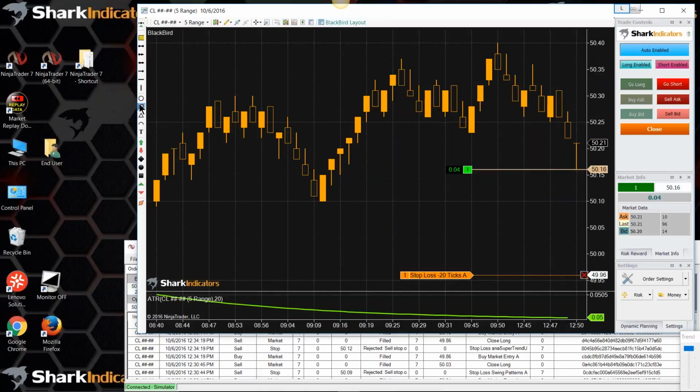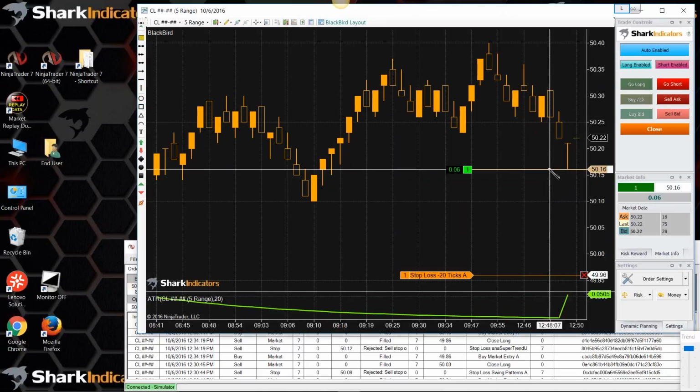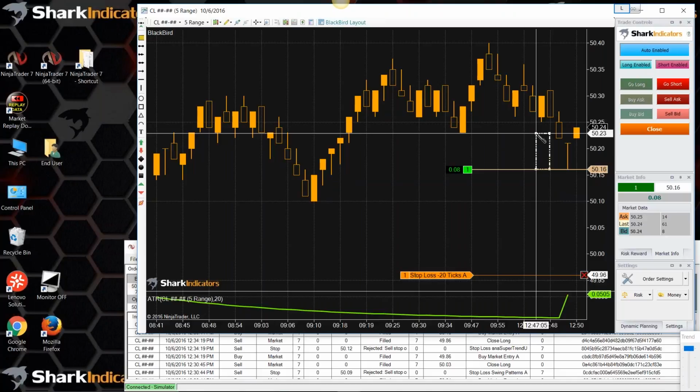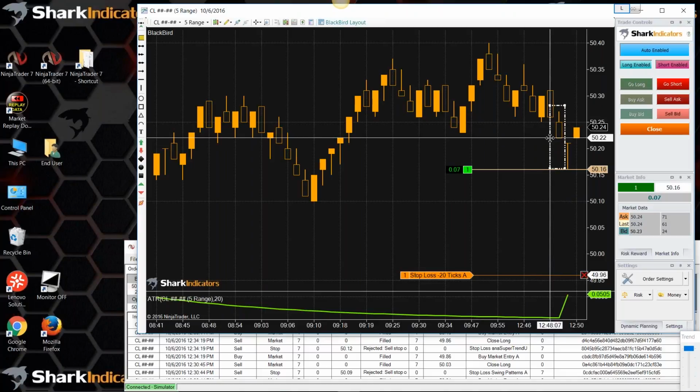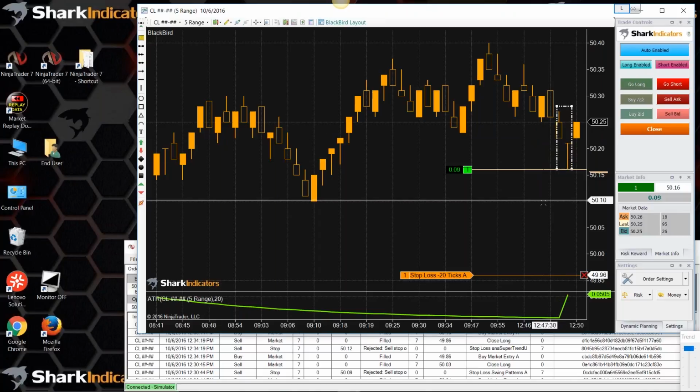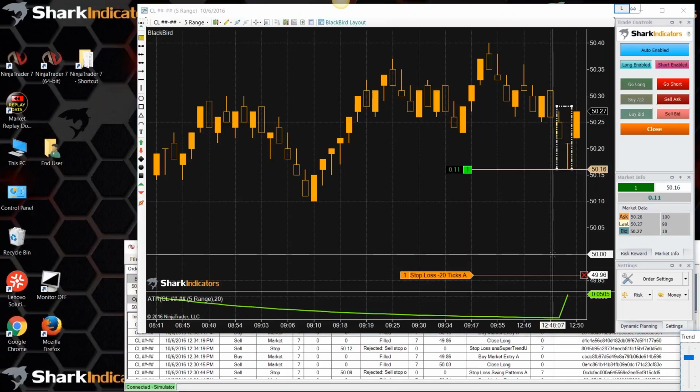So roughly speaking here, once we get to 12 ticks in profit, there. All right, so once price gets to the top of that box there, that should trigger our stop loss.